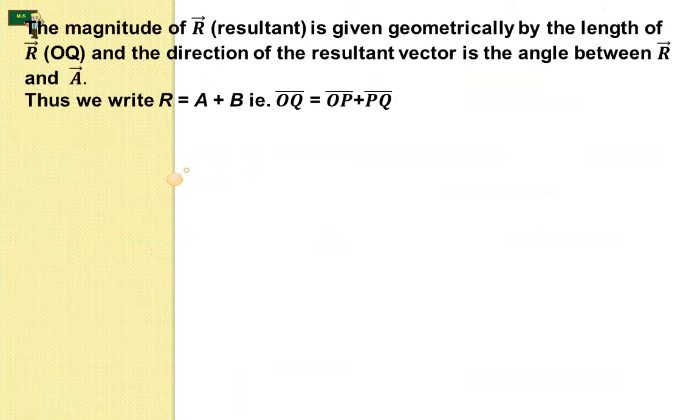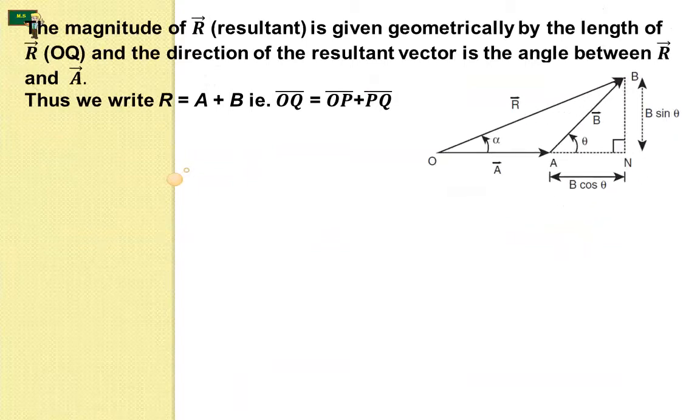Let me show another picture. It has been divided into new sections, that is OA, AN and NB. Here AN is B cos theta and BN is B sin theta.